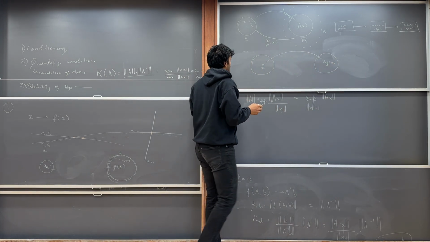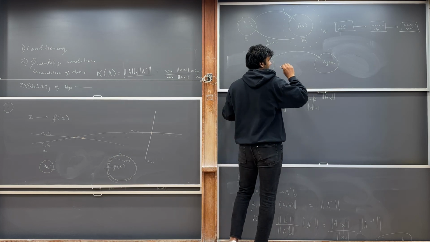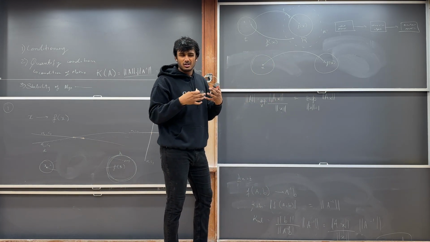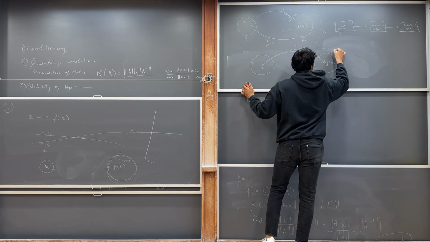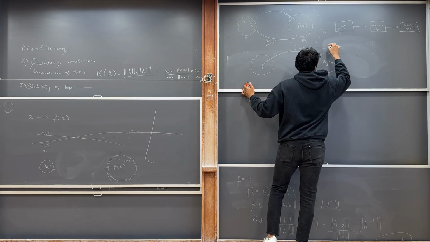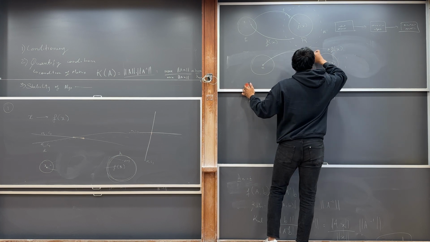Now what my function does is, it's a perturbed function f tilde. It maps f tilde x somewhere here, right?